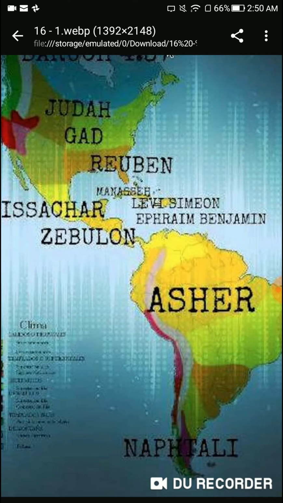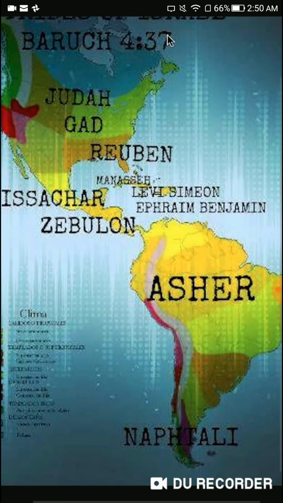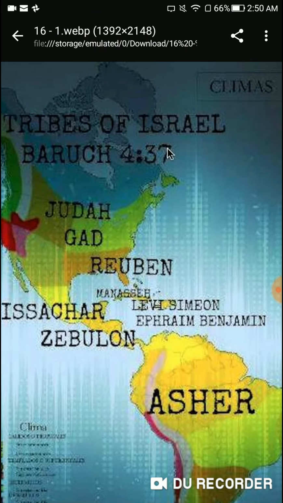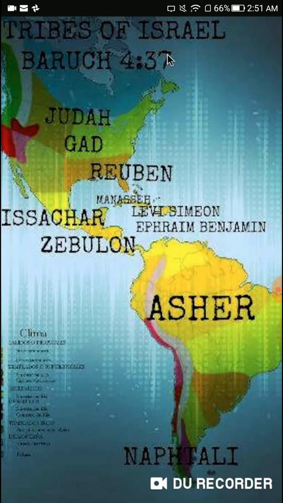So this is a map layout of the 12 tribe chart of Israel with different tribes and different regions that we often associate the tribe with being in.